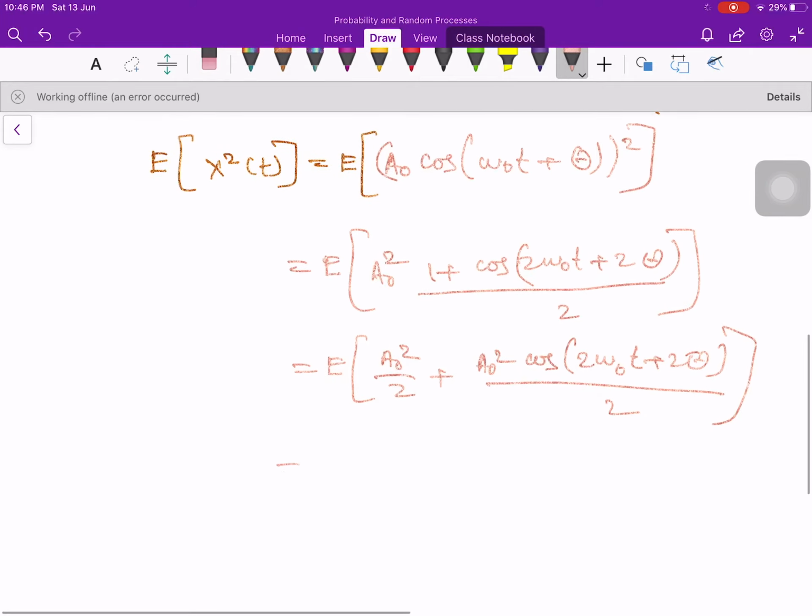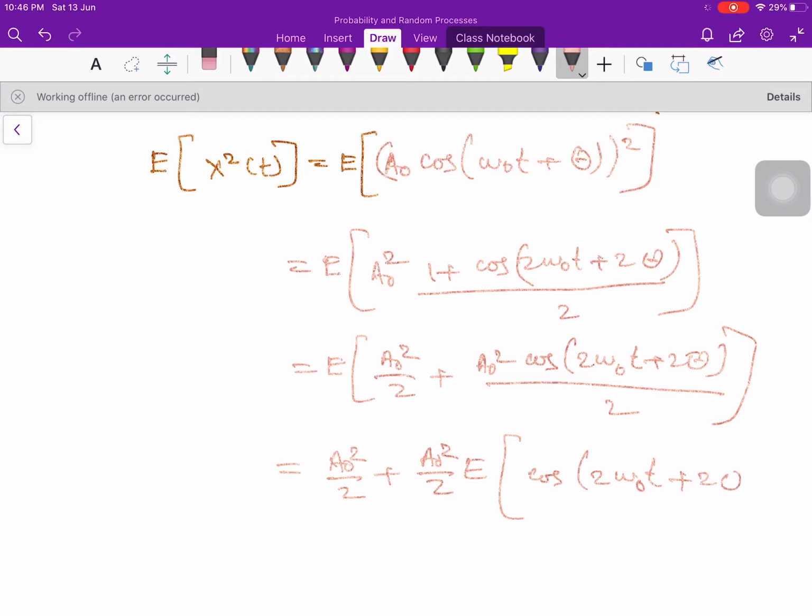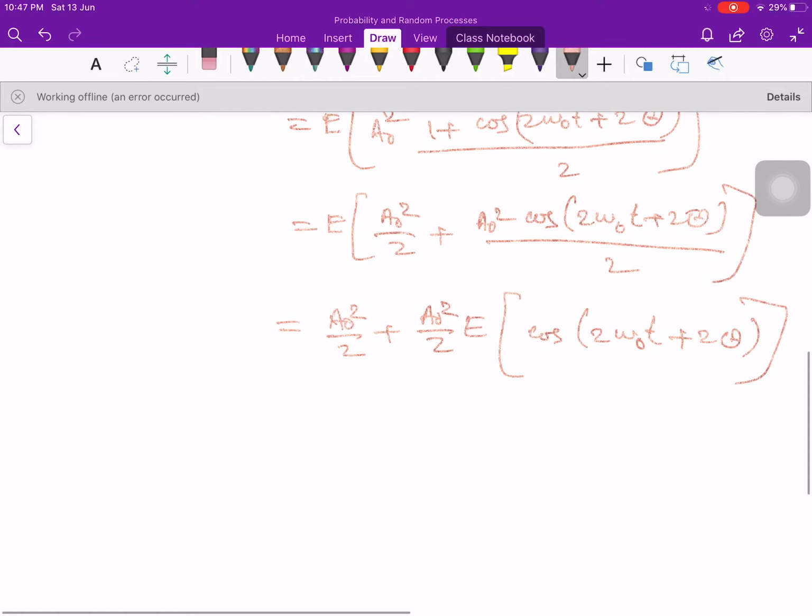Now, expectation is a linear operation. A naught is constant, so A naught square by 2 plus this A naught square is also constant, you can pull out of the integration here, cos of 2 omega naught t plus 2 Theta. Now this we need to simplify.